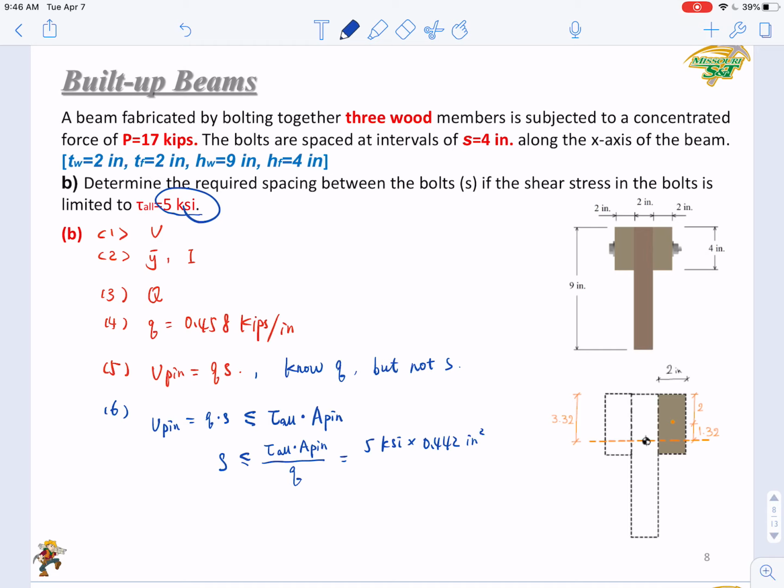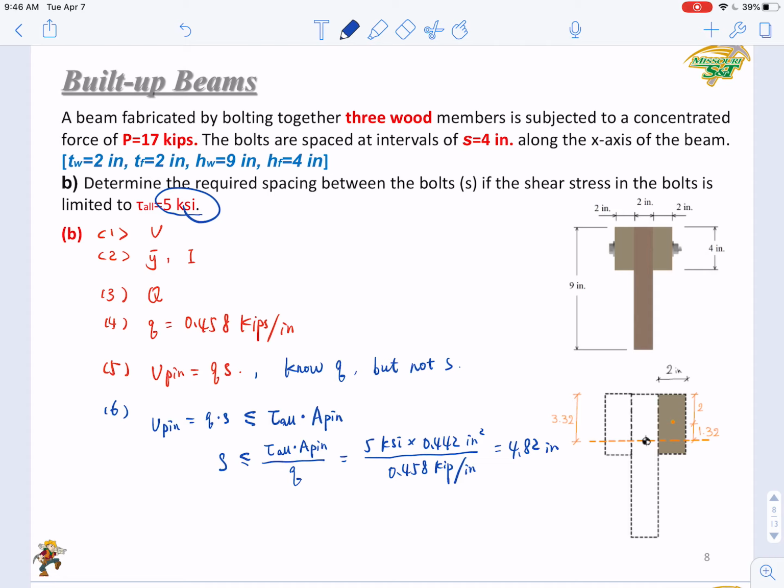square inch over Q, that is 0.458 kips per inch. Okay, then you will get 4.82 inch.